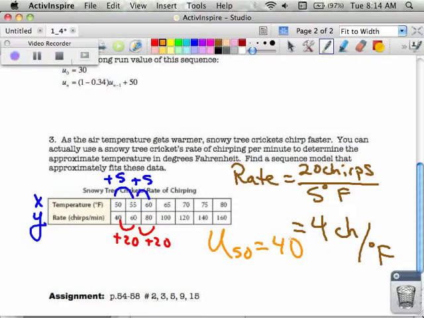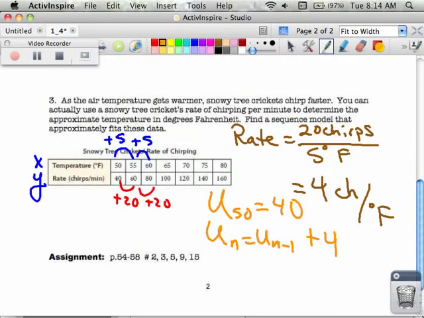And then subsequently, my UN is equal to UN minus 1. And how many chirps am I going up by each degree? Each degree? 4. So I just go plus 4 on the end.